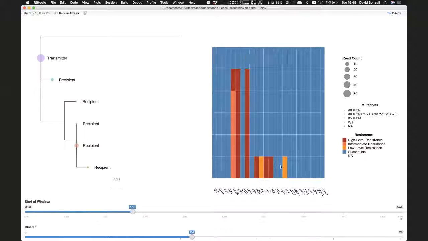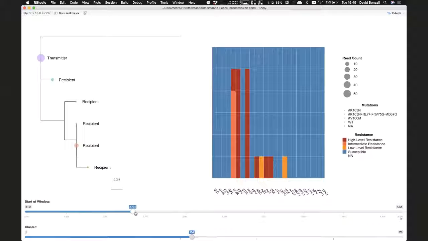And this heat map is similar to a heat map that I've shown before, which is just saying, well, what does that mean in terms of drug resistance to the drugs that are shown down the bottom? And so you can see here, for example, that the recipient has a V106M mutation, whereas the transmitter, in this window at least, didn't have any of these mutations.